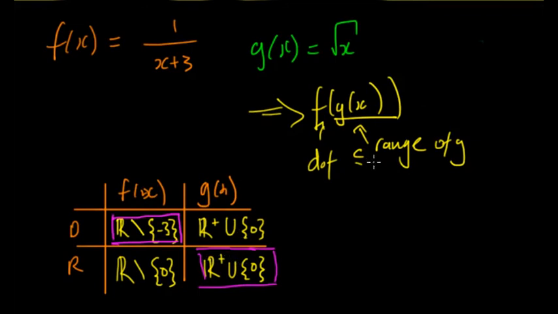Now, the range is a subset of the domain because all of these values are encompassed in the domain of f(x). The only value it can't be is -3, and -3 is not part of R plus and 0. So that means f(g(x)) is defined.